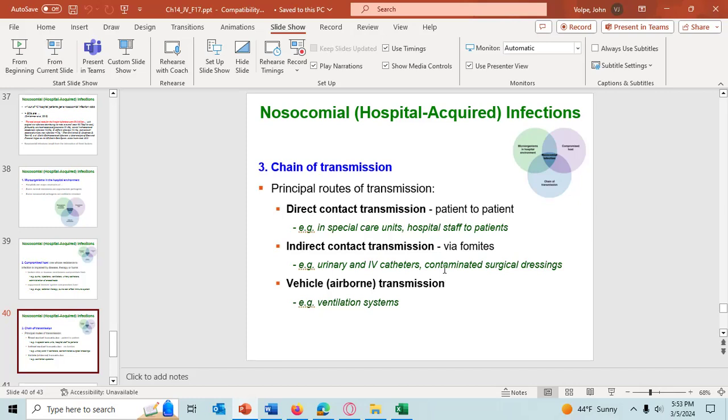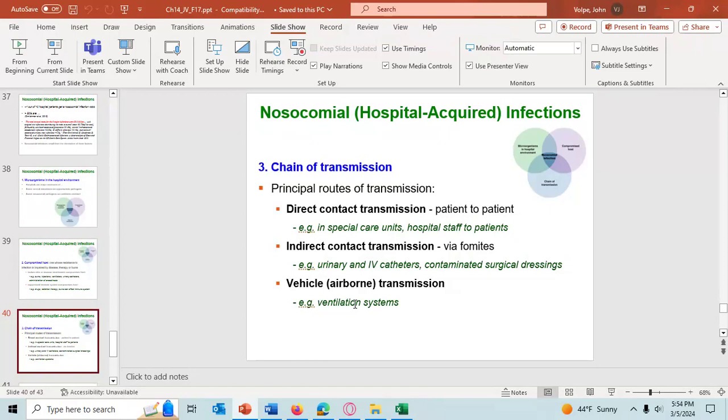Indirect contact transmission. Vehicle transmission, such as airborne transmission, is a concern, in that the ventilation system may spread the disease. For cases like a children's hospital, measles is a concern that it might spread by the ventilation system. They initially worried when somebody who was working in Africa with Ebola patients had inappropriate handling of the Ebola patients, and so they became sick, and they came back to the United States to receive care.